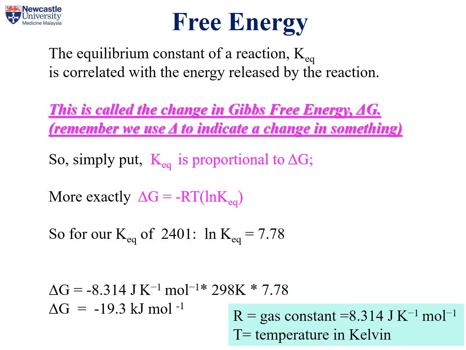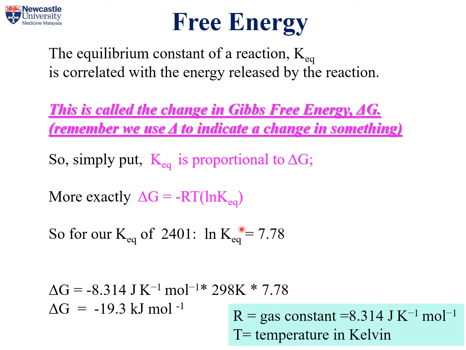To be more specific, the equilibrium constant of a reaction, KEQ, is correlated with the energy released by that reaction. That is called the change in Gibbs free energy, or delta G, which can be calculated using this formula: delta G is equal to negative R times T times ln KEQ, where R is the gas constant, while T is temperature measured in Kelvin.